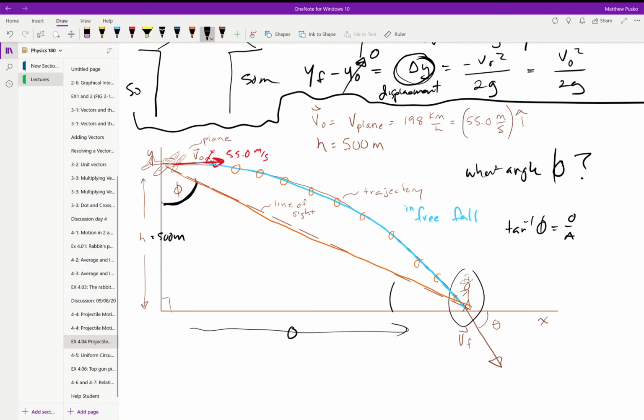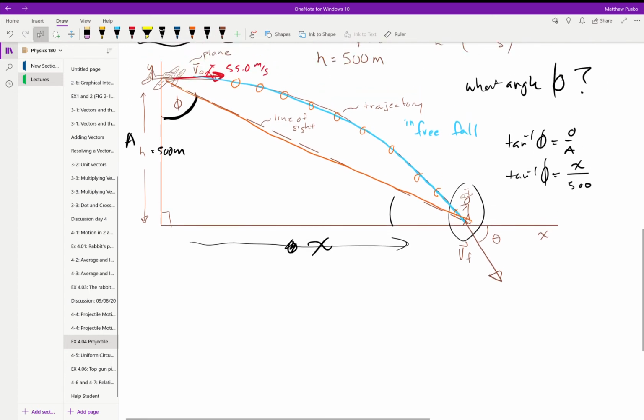Well, if this is opposite to this angle phi, and this is the adjacent, then in that case we have tangent inverse of phi equal to the x, we could call this x, the distance delta x, over, we know the adjacent side, and it is 500. So we can get x is equal to, we'll just leave it right there for now. We'll come back.